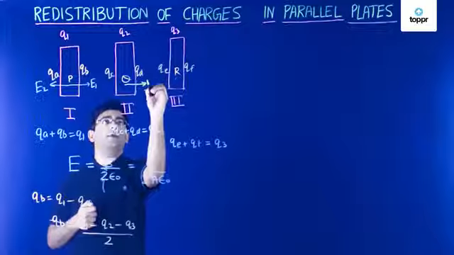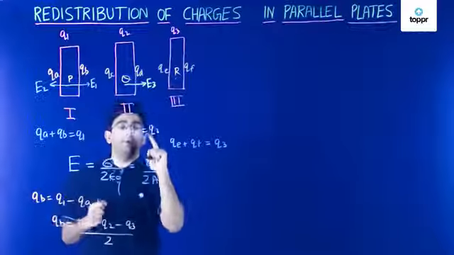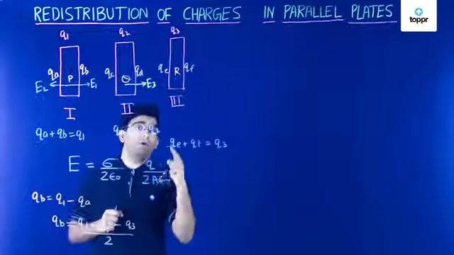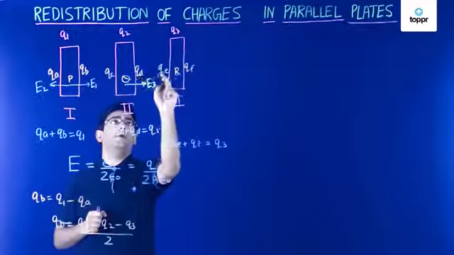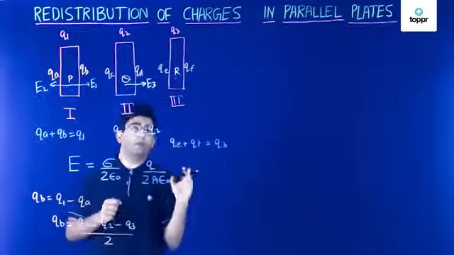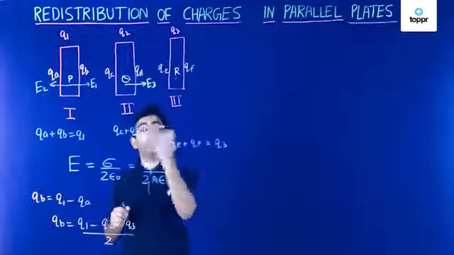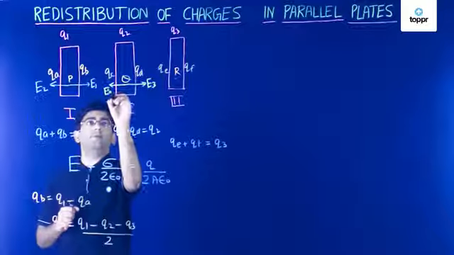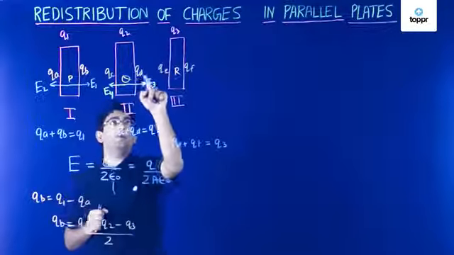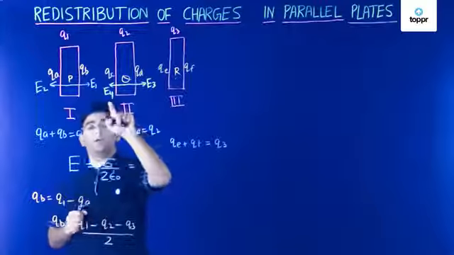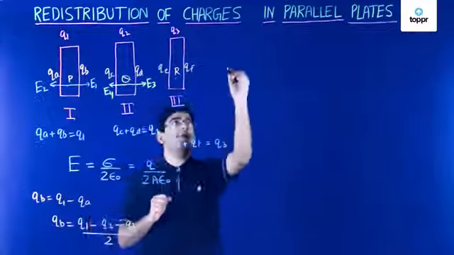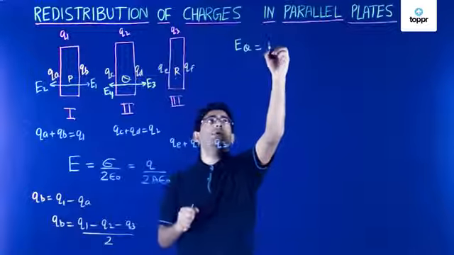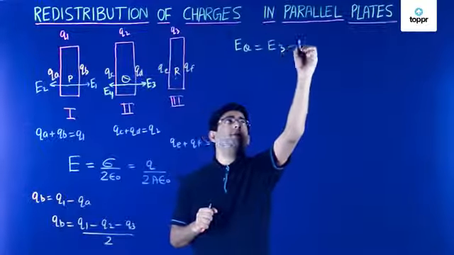So let's say E3 is the electric field generated due to QA, QB and QC, whereas all the remaining charges, which is QD, QE and QF, would be generating an electric field in the opposite direction. So let's say E4 is that electric field. So the sum of the electric fields due to QD, QE and QF is equal to E4. So the net electric field at the point Q would be equal to E3 minus E4.